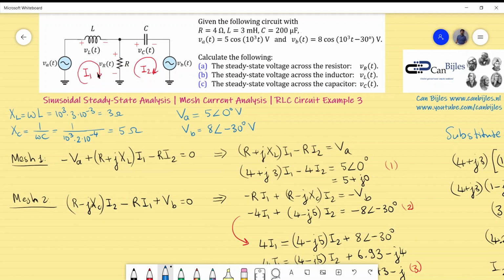So if I now want to know what is actually the current through R, the current through the inductor, and the current through the capacitor, it's simple, because I1 is the current through the inductor and I2 is the current through the capacitor. But I1 minus I2, because this is circling like this, will be the current through the resistor.